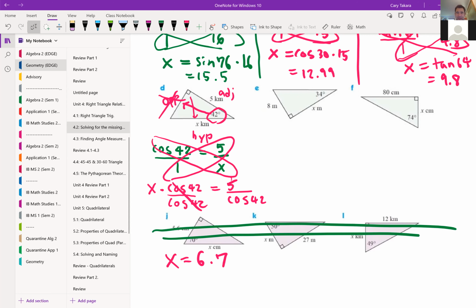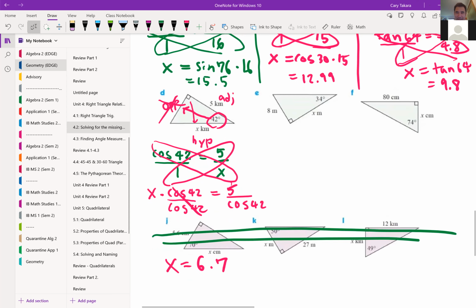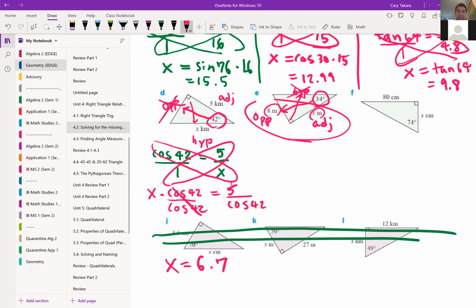All right, I'm going to just keep going, okay? So the focus angle is 34. So opposite is 8, okay? There's nothing on the hypotenuse, so hypotenuse is going to be out, but then adjacent is x. So this is an opposite adjacent combination.